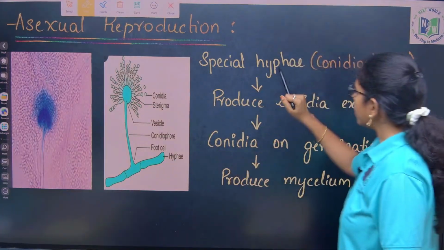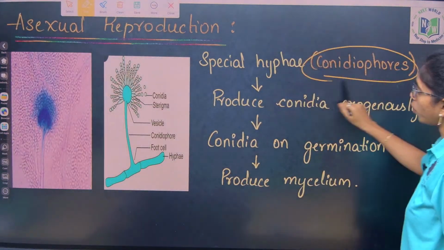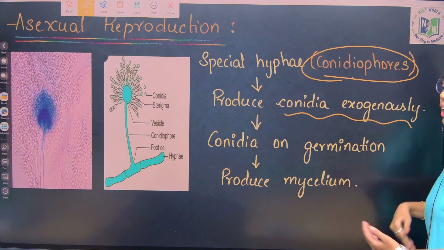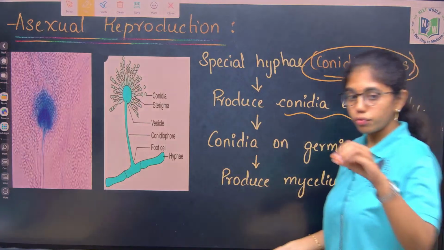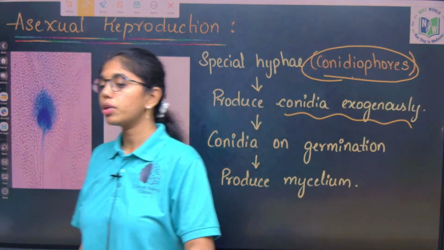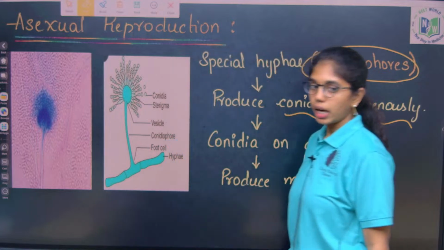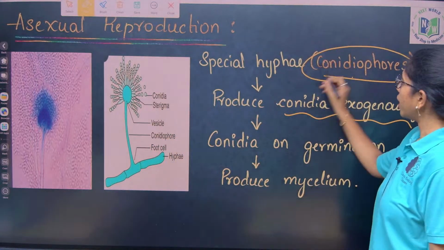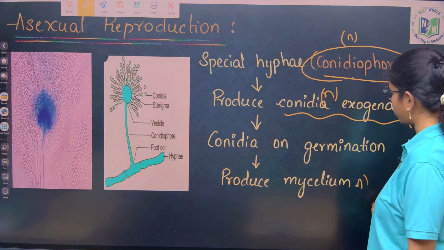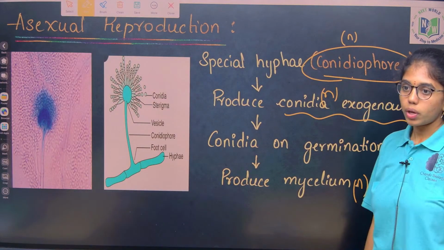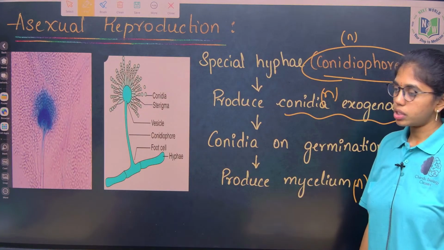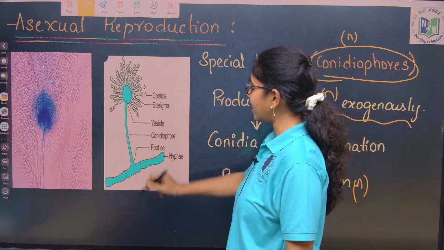Conidiophores are special hyphae that produce conidia exogenously. When conidia fall onto a suitable substratum, on germination they develop into new hyphae again. Here the conidiophore is haploid, conidia are haploid, and that gives rise to a haploid mycelium, because only mitosis occurs here, there is no chance of meiosis. This is how they are exogenously released.